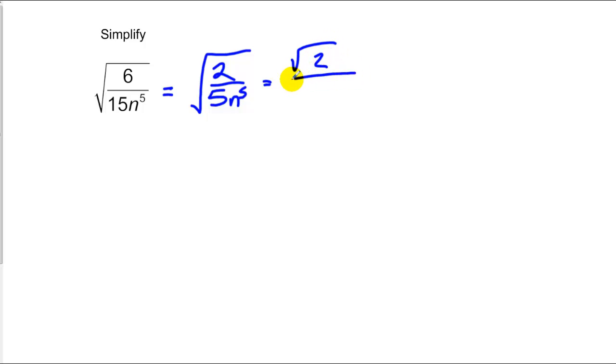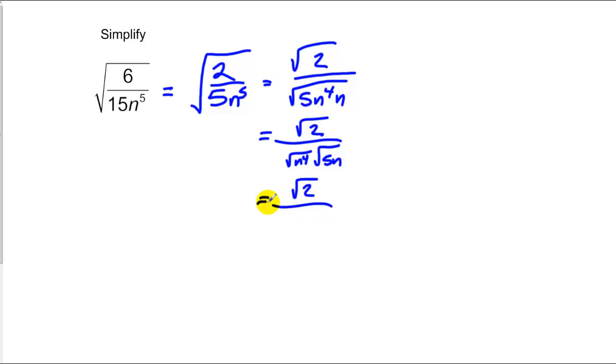I have root 2 over root 5 n to the 4th times n. And I can simplify that as well. I can say that's root 2 over root n to the 4th and root 5n. Square root of n to the 4th is n squared, so that's root 2 over n squared root 5n.